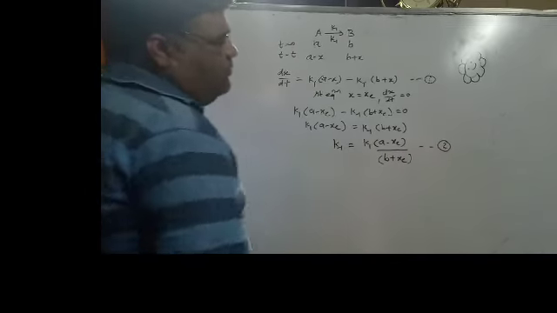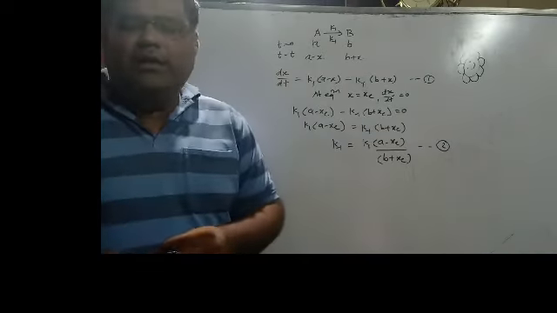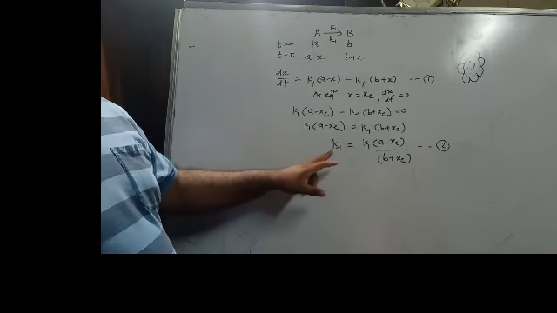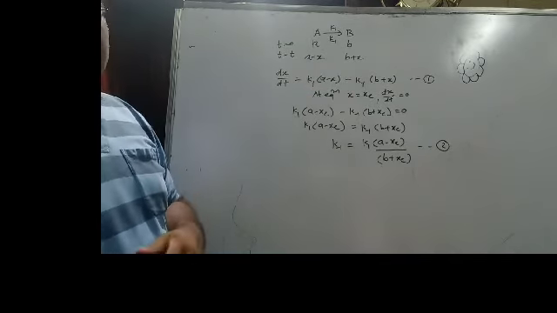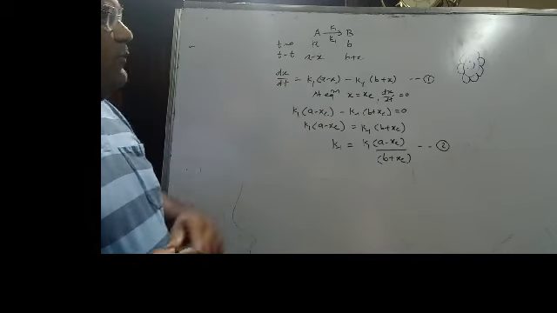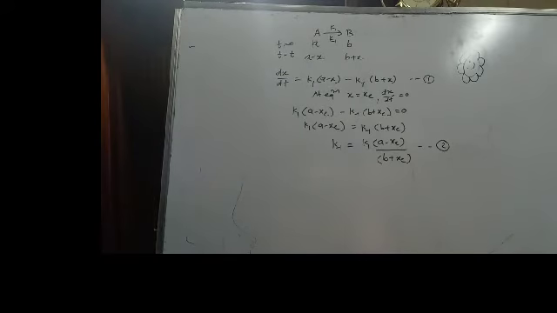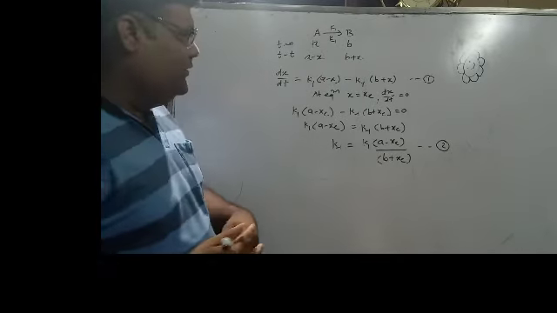So that is our equation number 2. Now we will substitute this value of K minus 1 from equation 2 into equation number 1. But remember students, this is quite hard mathematics, so you have to understand that.